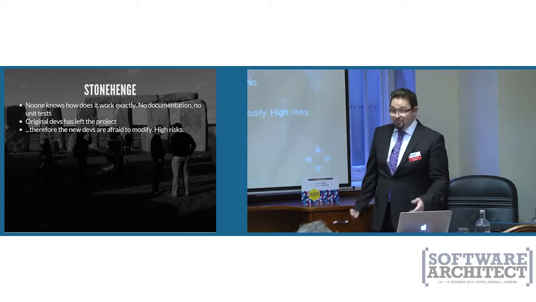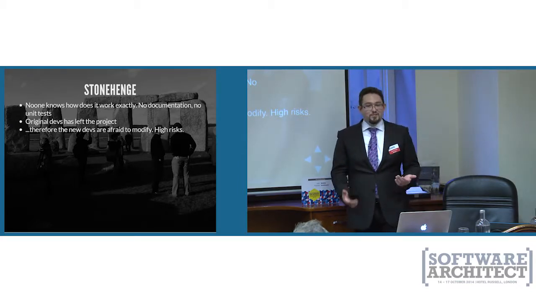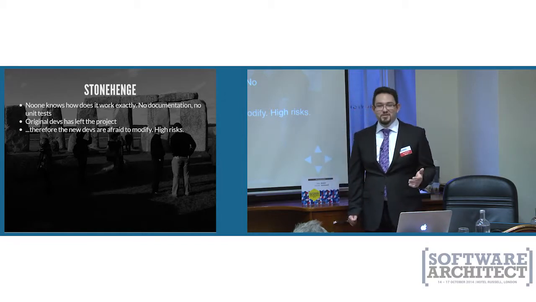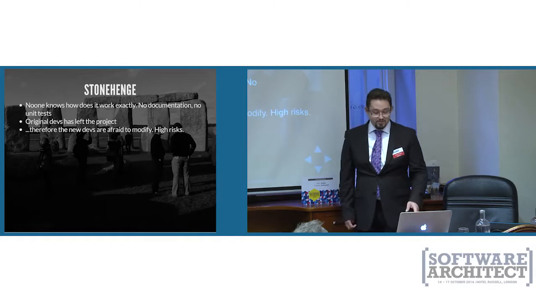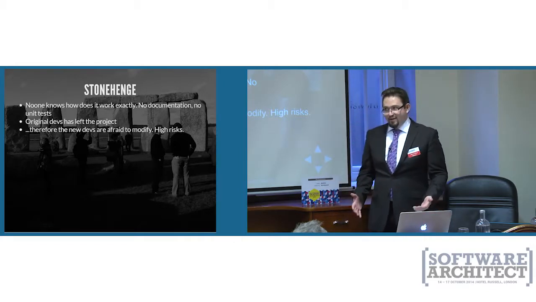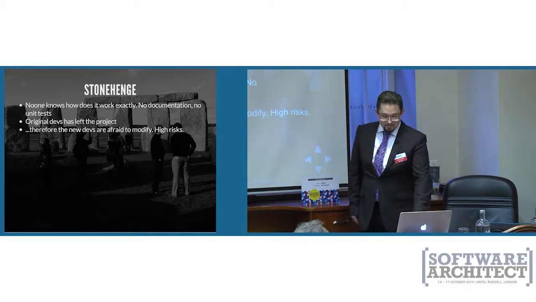And therefore, if somebody would like to update or upgrade or add some extra functionality to such a system, the new developers would be scared because they don't know where they might break it. So these are the attributes of a legacy system.